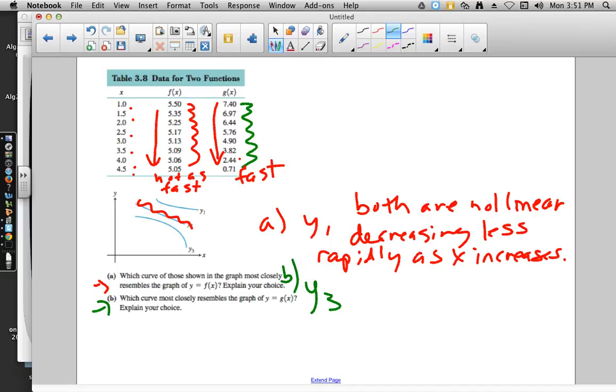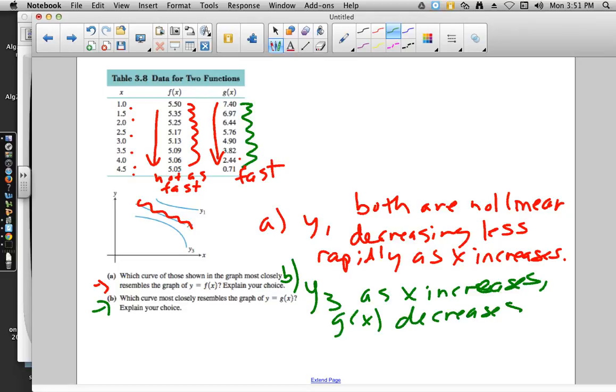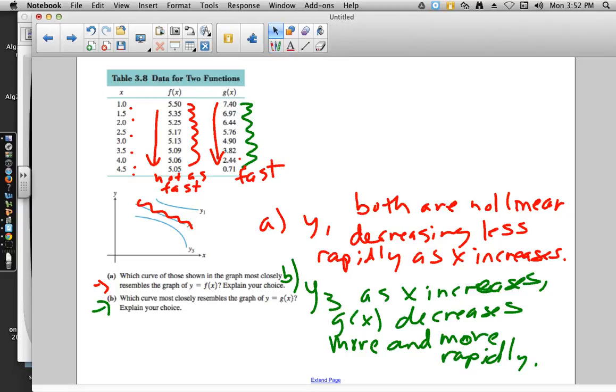So for B, it's y sub 3 because as x increases, g of x decreases more and more rapidly. So just looking at the tables and then interpreting what's going on with those graphs.